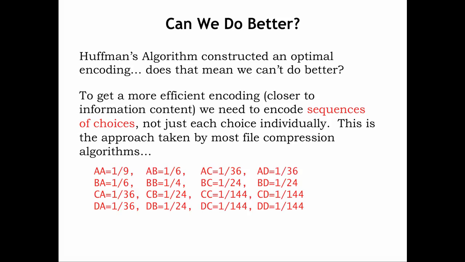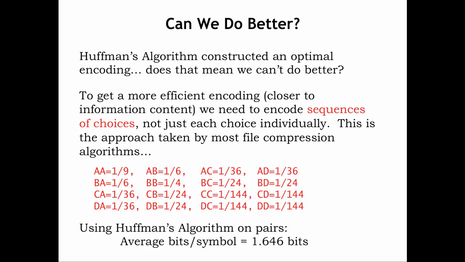If we use Huffman's algorithm to build the optimal variable length code using these probabilities, it turns out that the expected length when encoding pairs is 1.646 bits per symbol. This is a small improvement on the 1.667 bits per symbol when encoding each symbol individually. And we do even better if we encode sequences of length 3, and so on.